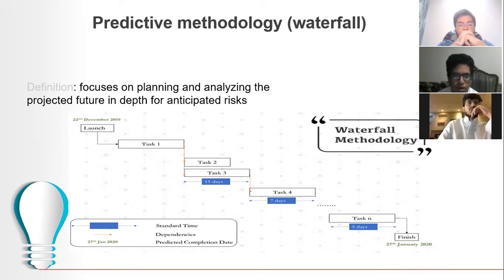This methodology relies on an early phase analysis and a detailed breakdown of features and tasks for the entire development process. In this traditional model, you define standard timelines to complete tasks and dependencies between tasks. This also determines the critical path and the projected completion date.